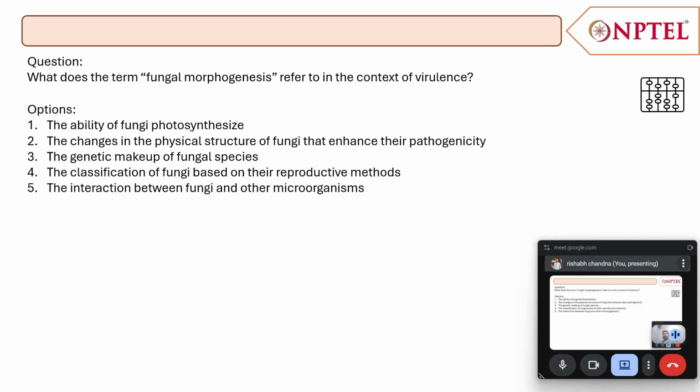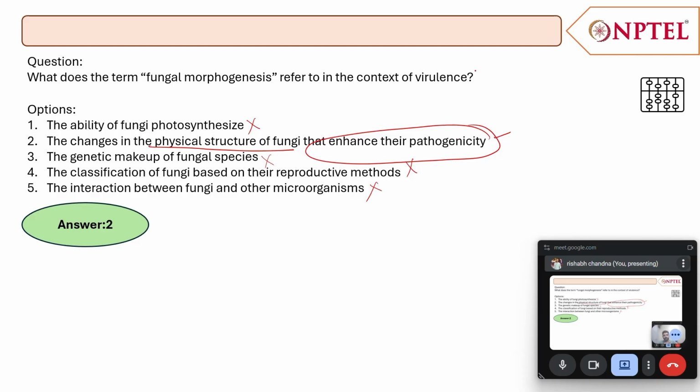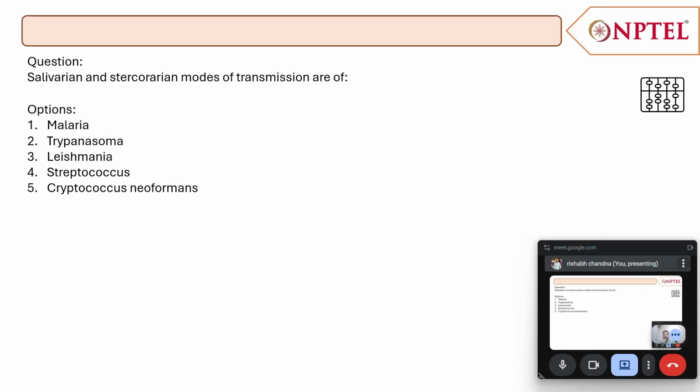The ability of fungi to photosynthesize? No. The changes in the physical structure of fungi that enhance their pathogenicity? Yes, it can be correct. The genetic makeup of the fungal species? No. The classification of fungi based on their reproductive methods? No. And the interaction between fungi and other microorganisms? No. So the correct answer is option number 2. So fungal morphogenesis refers to the changes in the physical structure of fungi that could enhance their pathogenicity. Okay. Moving on to the next question.